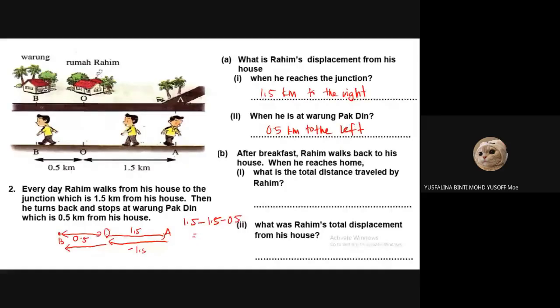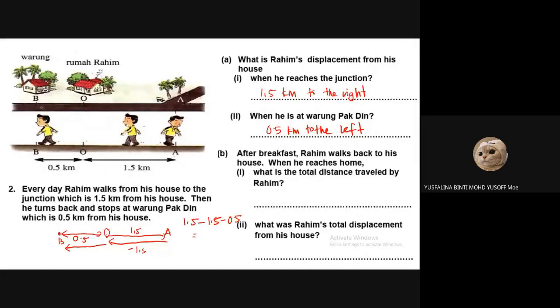We just ignore the negative, because the negative shows that it moved in the direction to the left. So 0.5 kilometer to the left. Are you clear for 0.5? How do I get 0.5? Any questions?